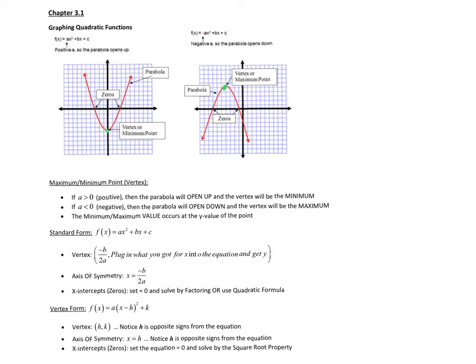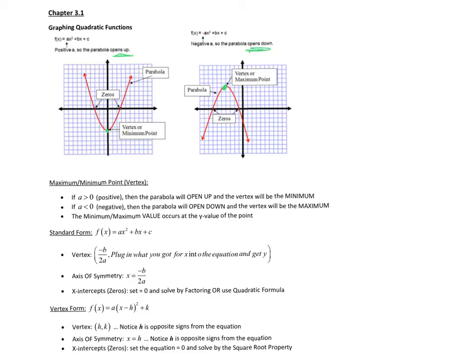Now, in a quadratic function, it will always be an absolute maximum or absolute minimum, but we don't necessarily need to use the word absolute here. So the question is, when will it become a maximum and when will it become a minimum? If I'm looking at a graph, it's easy to tell, because it would be if it opens up versus if it opens down.